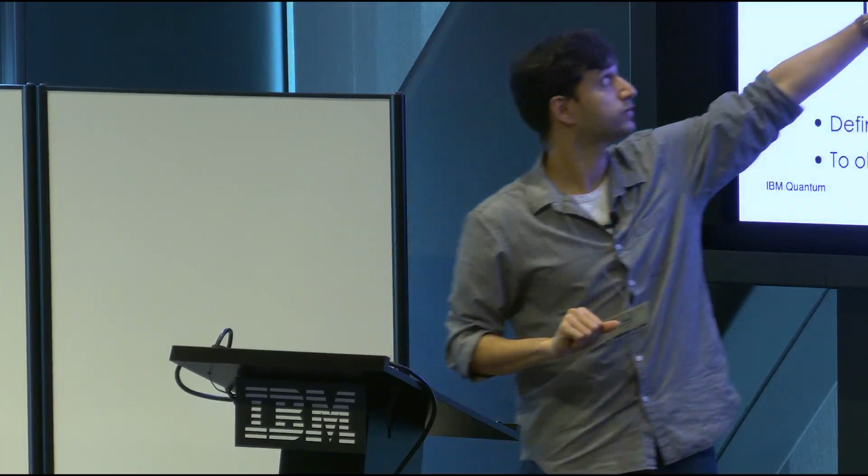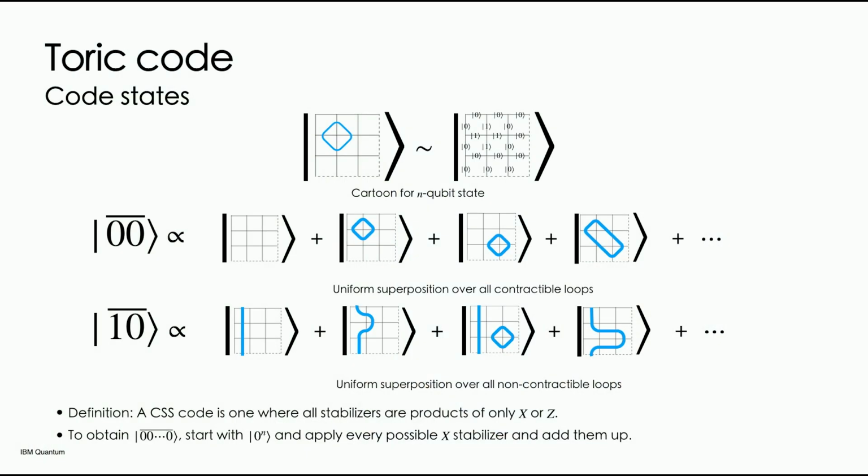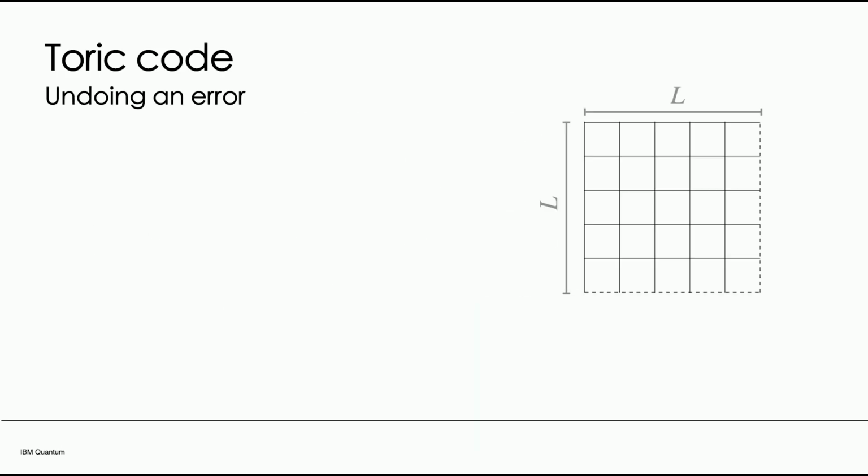Just start with the all zero state, and then construct the uniform superposition of multiplying by every possible Z stabilizer. And this recipe will get you to the computational 0 state. So CSS codes have some nice properties. This is one of the things that I like about them, but there are lots of nice properties. Okay, so far so good?